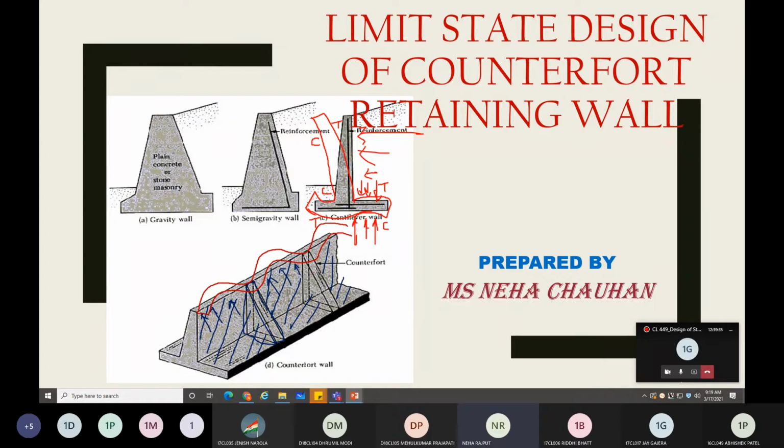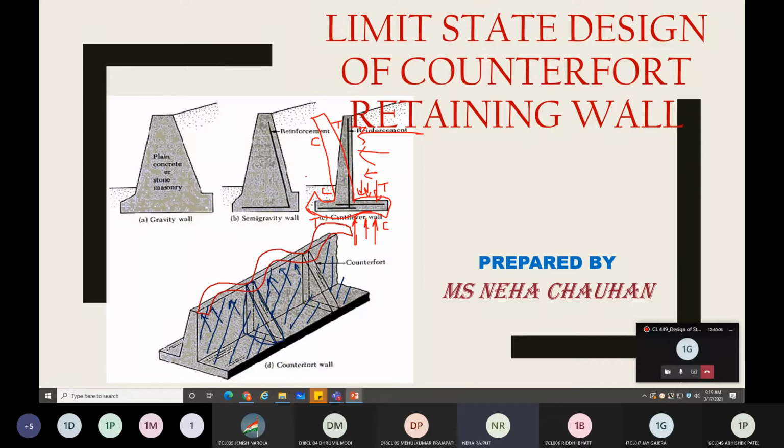What will happen? The part in between the supports will be pushed by this behavior, and as the support is fixed, it will restrain the behavior of this portion, so that portion will behave like this. This is the deflection shape of the stem part.